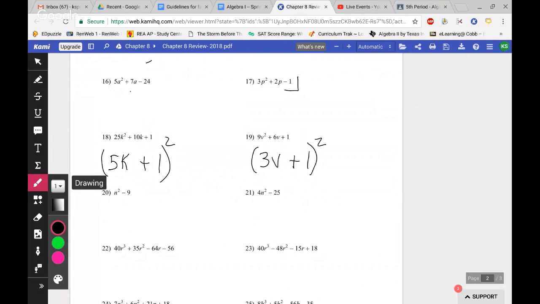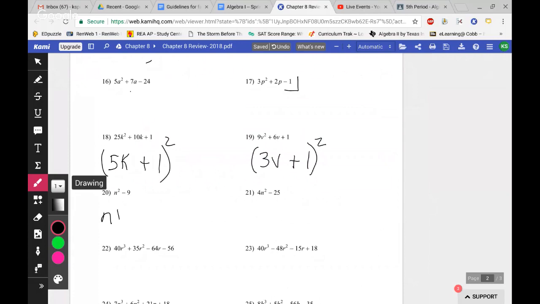So for number 20, is n squared a perfect square? Yes. And what is the square root of n squared? N. And is 9 a perfect square? Yes. Okay, what's the square root of 9? 3.